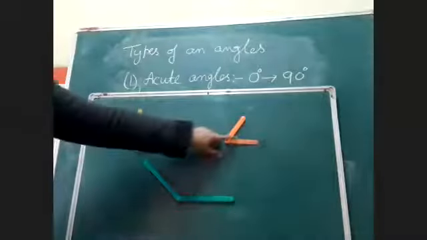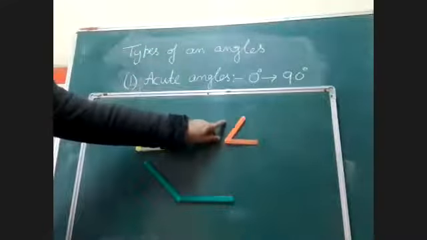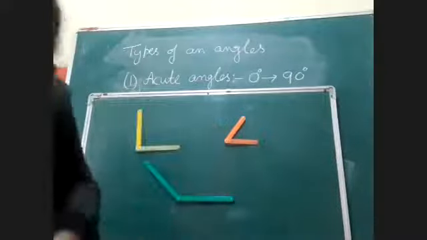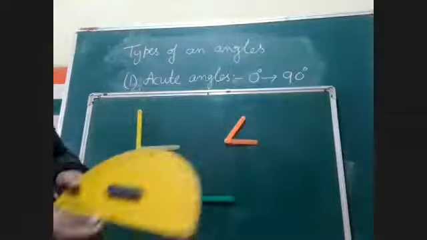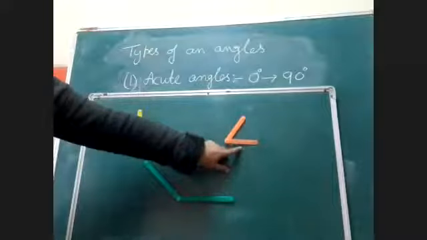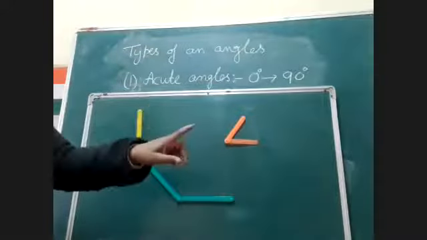Now, this is an angle from 0 to 90, with 90 degrees at the center. In the photograph, you can see 90 degrees at the center. So this angle is less than 90 degrees. It means this angle is an acute angle.